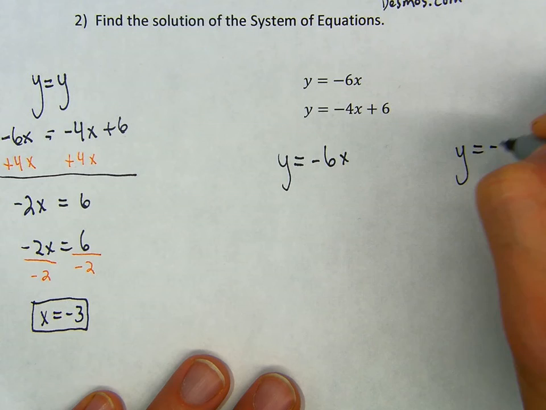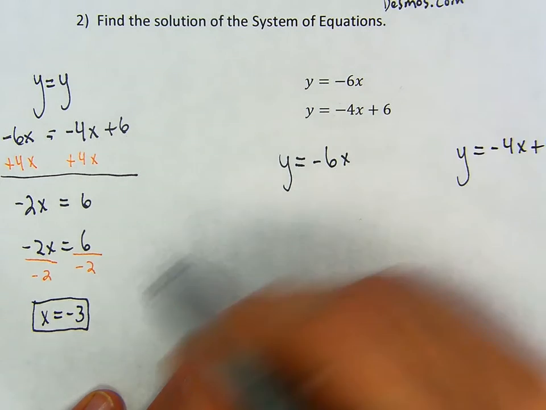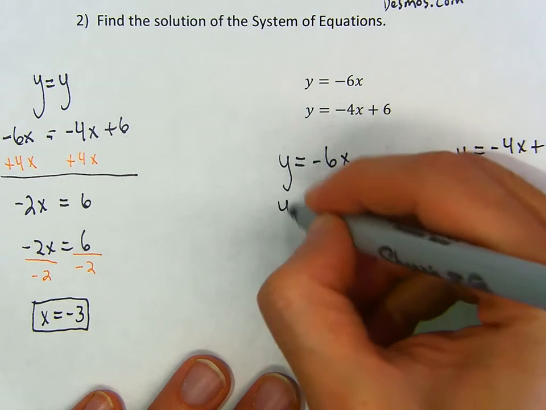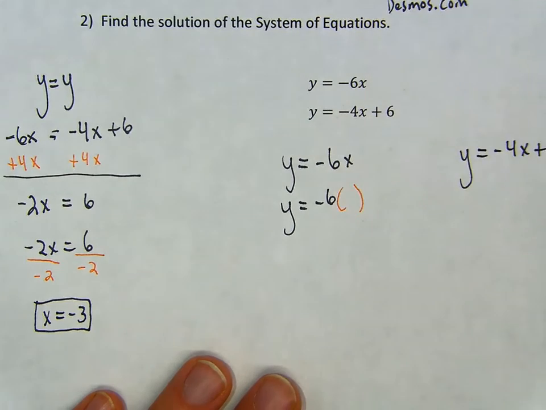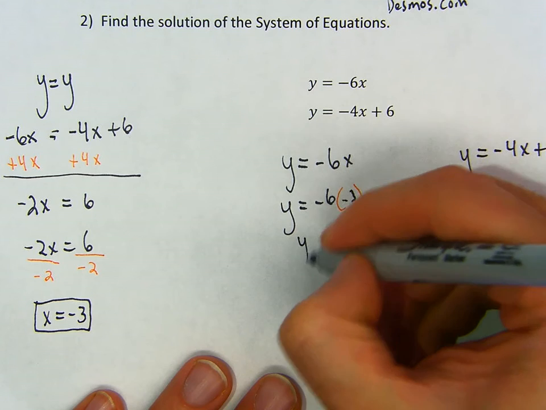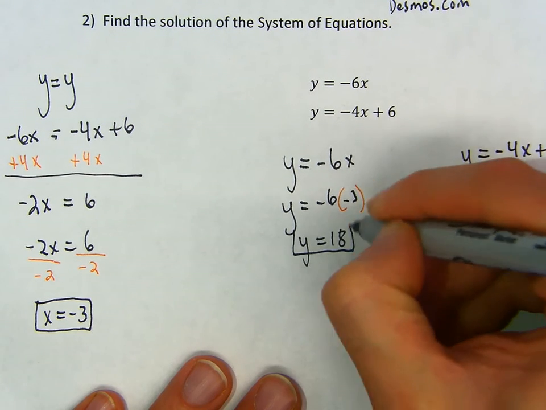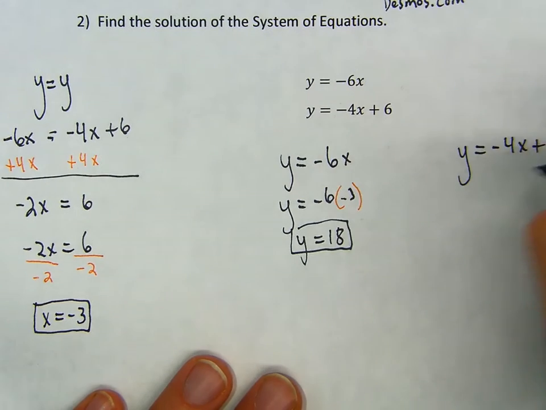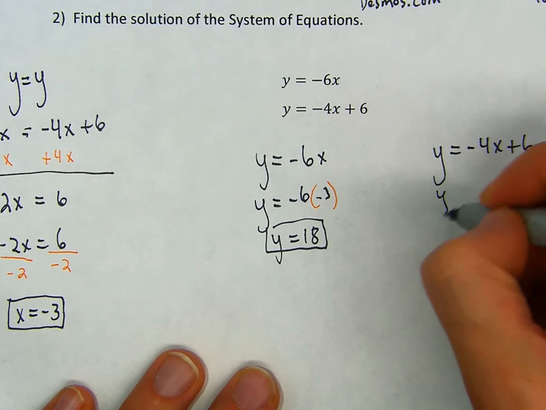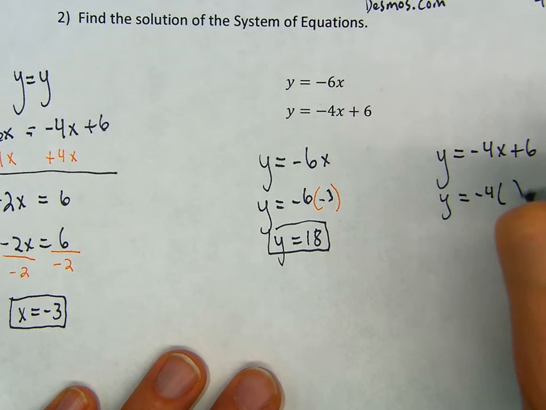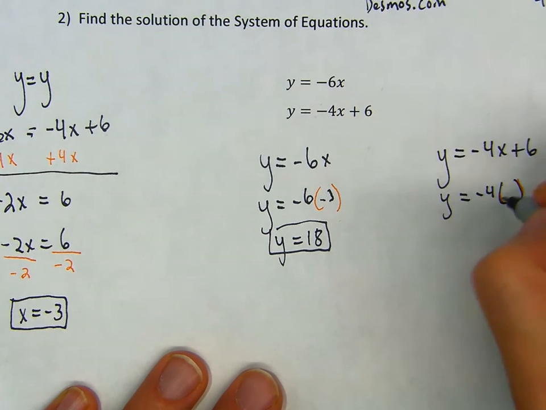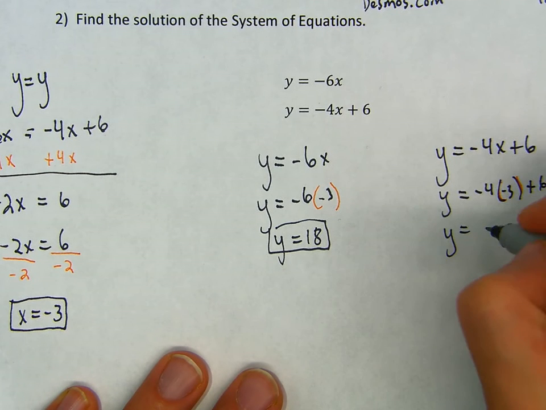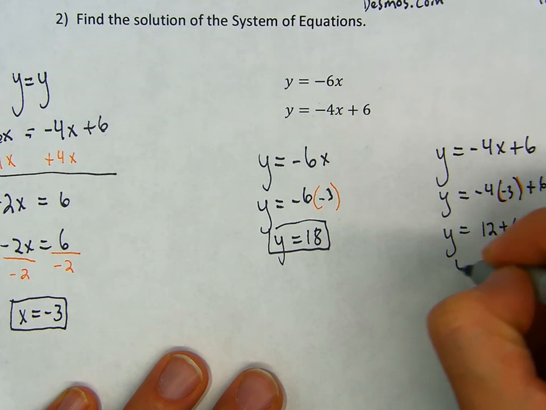So y is equal to negative 4x plus 6. If I plug in x is negative 3, y equals negative 6 times negative 3, so y equals 18. I should get the same thing here: y equals negative 4 times negative 3, which is positive 12, plus 6, so y equals 18.